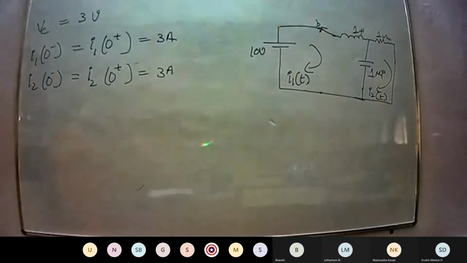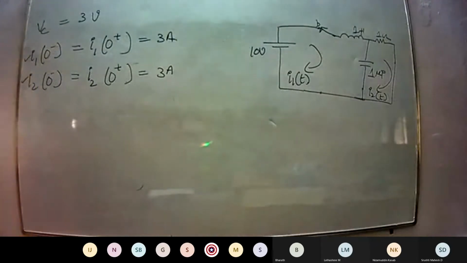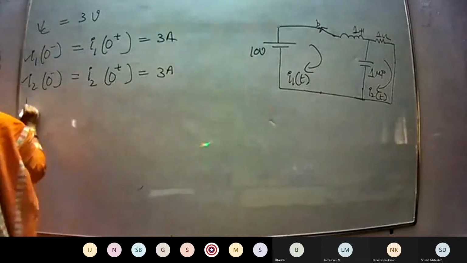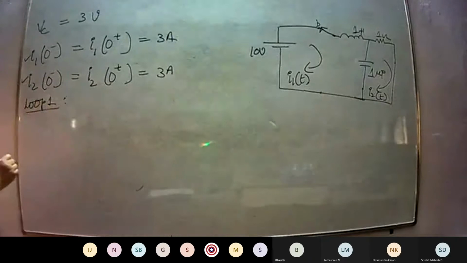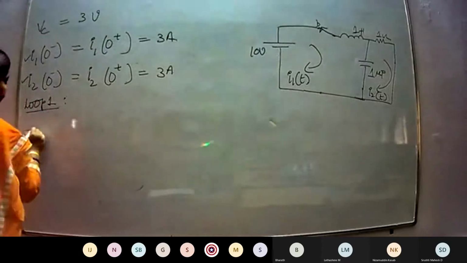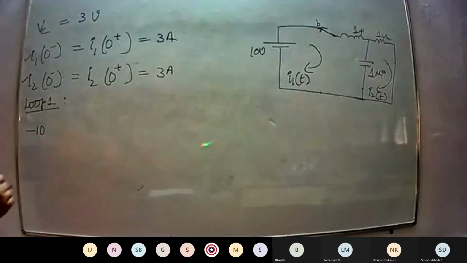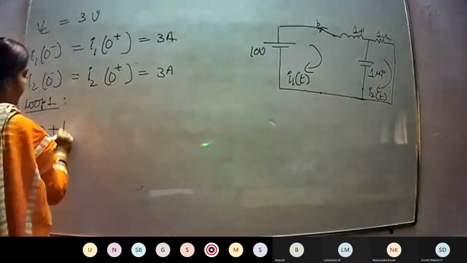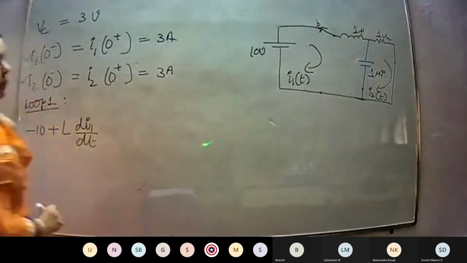Now we will write the equations for the first loop and second loop, because we have found out the currents, we have to find their derivatives. So what will be the first loop equation? Loop 1. Take the negative of the source, so we write minus 10 plus L into di1 by dt.